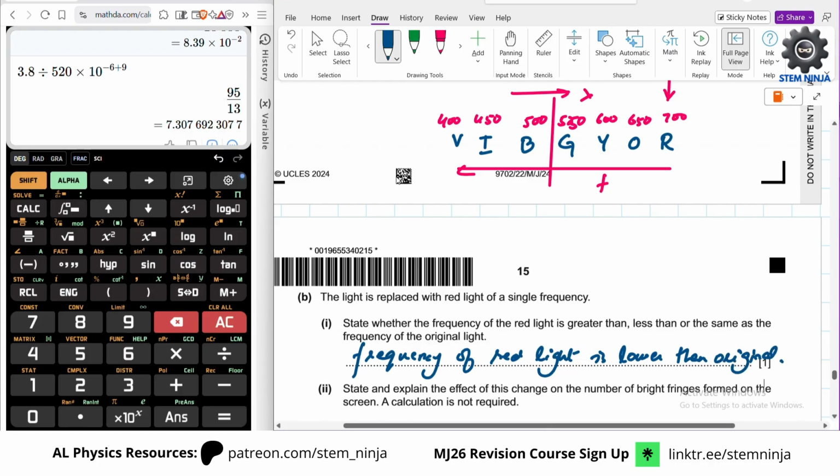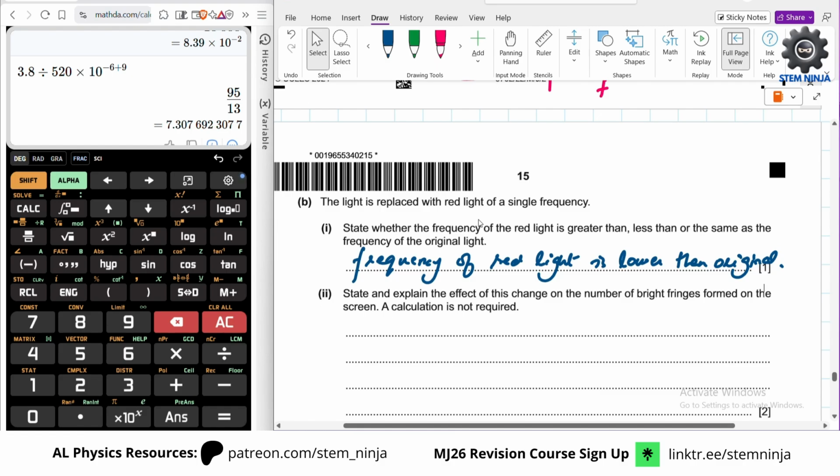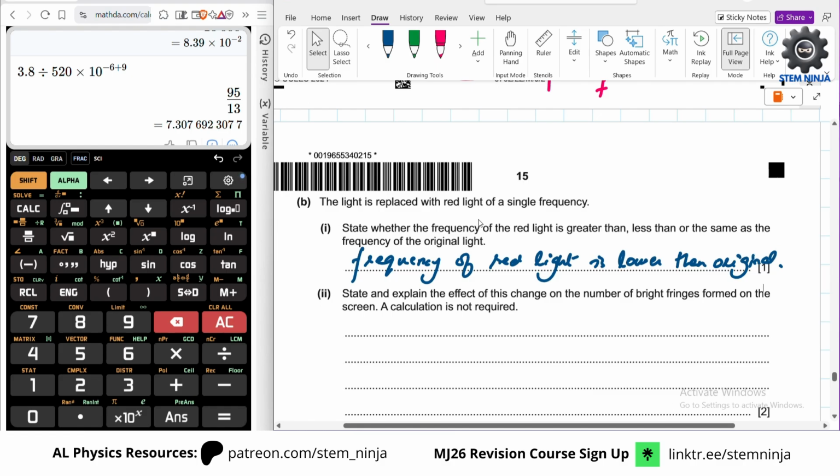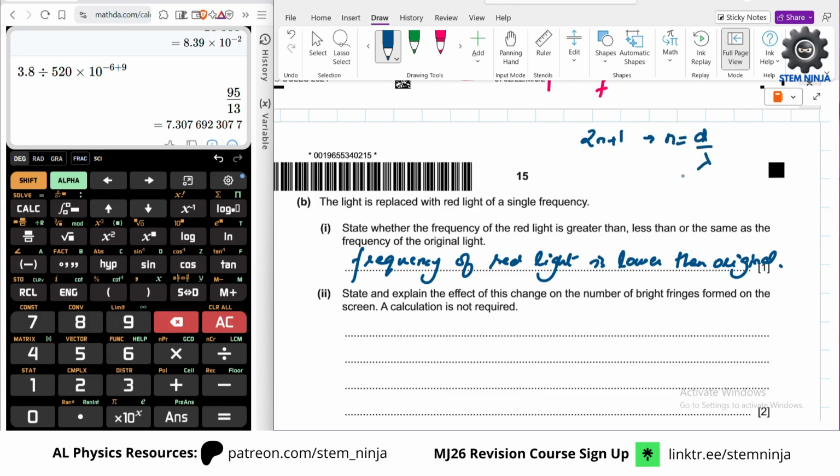Right, okay. State and explain the effect of this change on the number of bright fringes formed on the screen. Calculation is not required. So we said that the total number of fringes was 2n plus 1, where n was d over lambda.